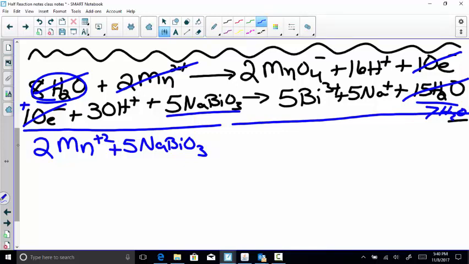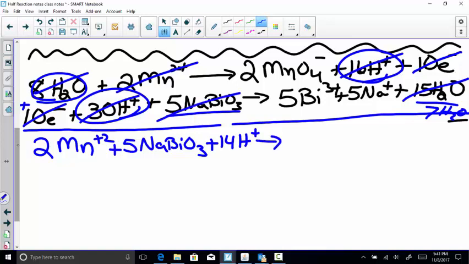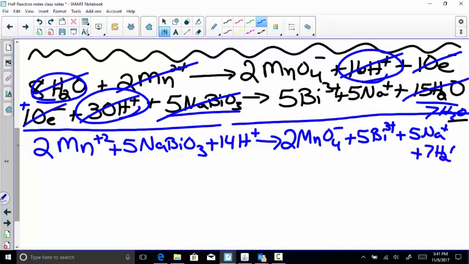Then I have 30 H pluses, and I have 16 H pluses. So 16 of those is going to take away 16 of these. That's going to leave me with 14 H pluses. That leaves me with 2 MnO4 minus plus 5 Bi3 plus, 5 Na plus, 7 H2O.